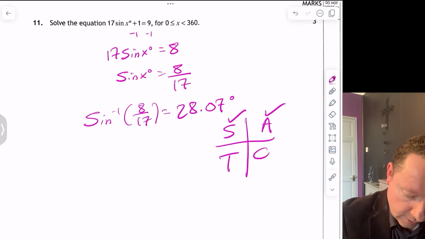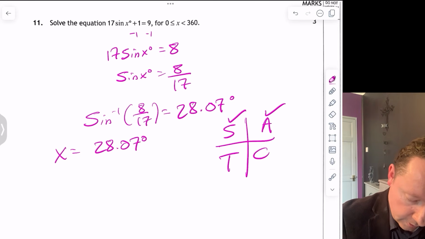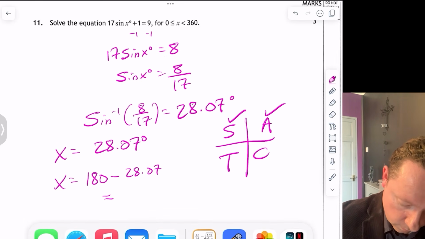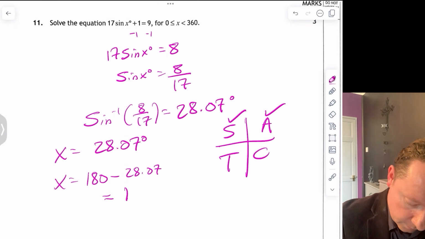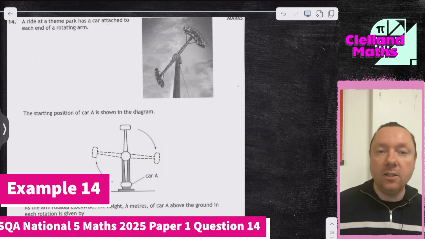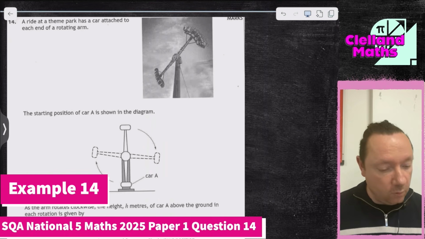So it's x equals 28.07 degrees, and x equals 180 minus that, 151.93. And we're done there. SQA National 5 Maths 2025, Paper 2, Question 14.